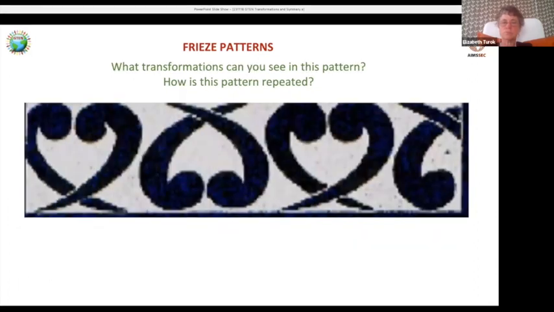And this one, like two commas, you might first think it's got a vertical line of symmetry, but when you look, one tail of the comma is on top of the other one, so it has no vertical line of symmetry. What can we see in this one, and how is the pattern repeated? All of these, this is the characteristic of frieze patterns, have translations repeating them.